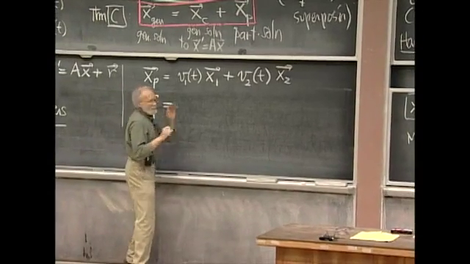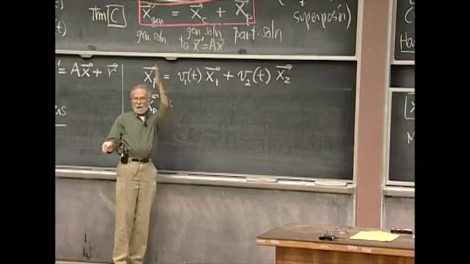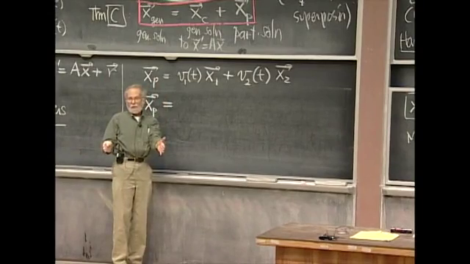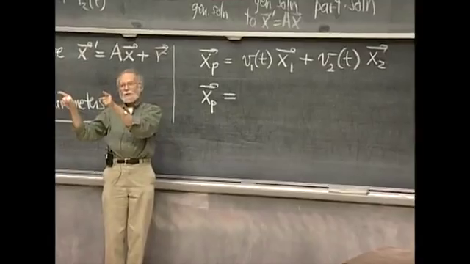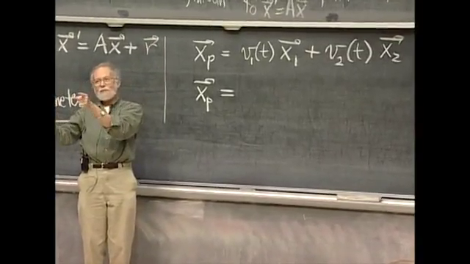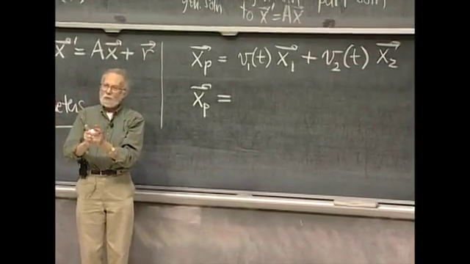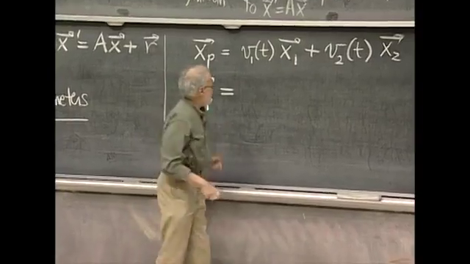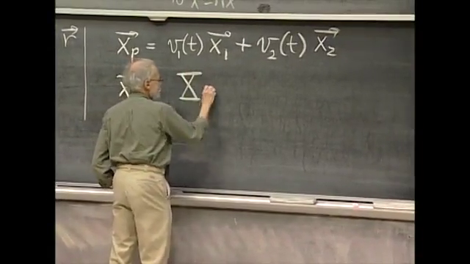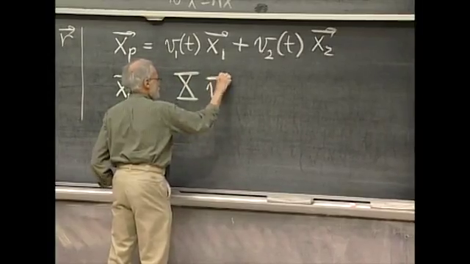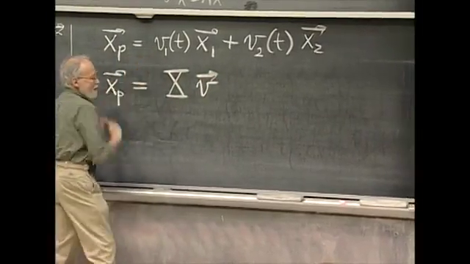The fundamental matrix has its columns x1 and x2. Your instinct might be to use matrix multiplication to put the v1 and the v2 here, but that won't work. You have to put them here. This says the same thing as that.